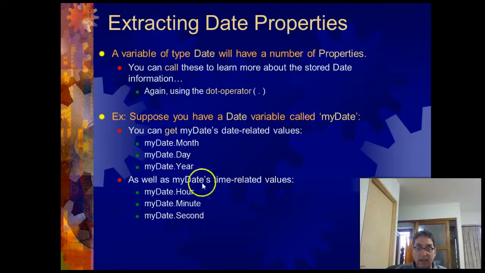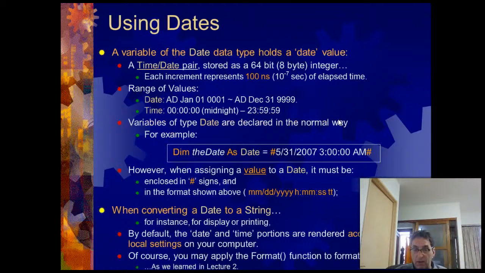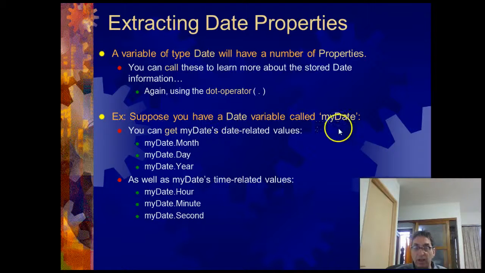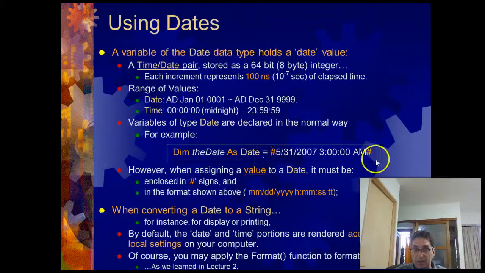Suppose you define myDate to be a date variable. In other words, you say Dim myDate As Date, and you assign it a value, like this value for example.